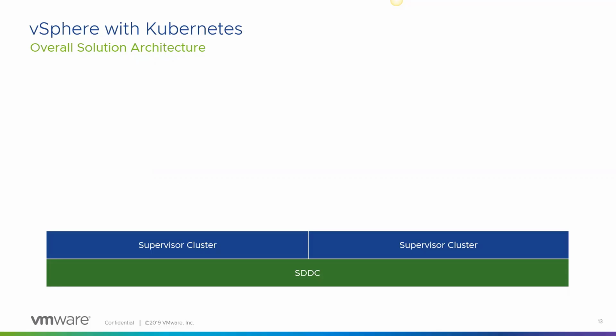When that happens, that cluster becomes a supervisor cluster. Otherwise, it's just a standard vSphere cluster. But the moment I enable the capability on that cluster to run containers natively and essentially deploy the control plane on those hypervisors in that cluster, it is now known as a dual purpose cluster that can run virtual machines, but can also run containers and, equally important, be orchestrated from Kubernetes.